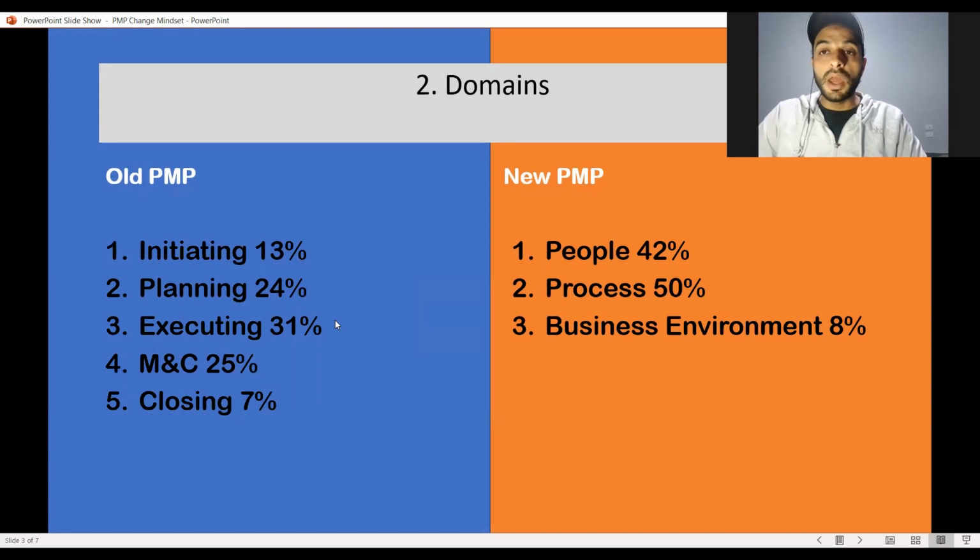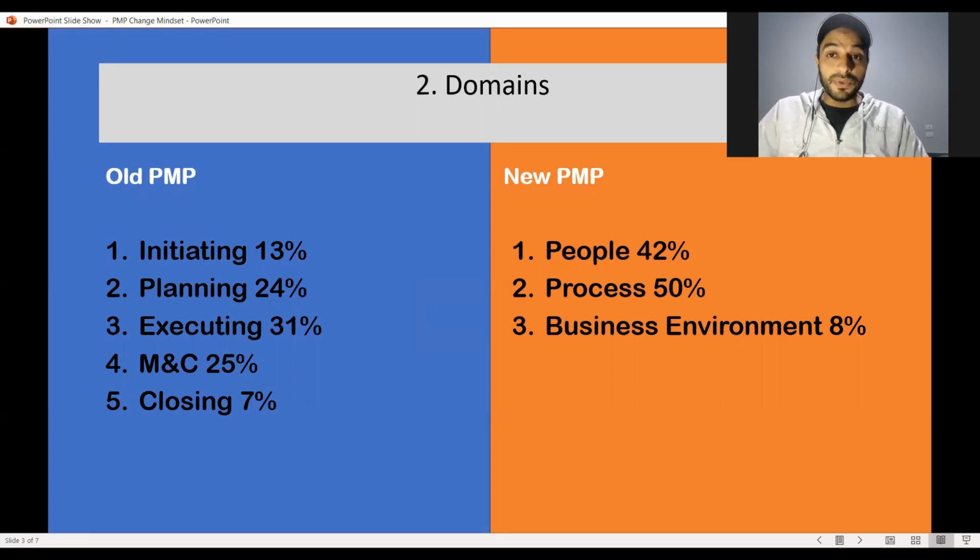Number two, number of domains. As you know, in the old PMP, we have 5 process groups, and the exam is built based on these 5 process groups: initiating, planning, executing, monitoring and controlling, and closing.